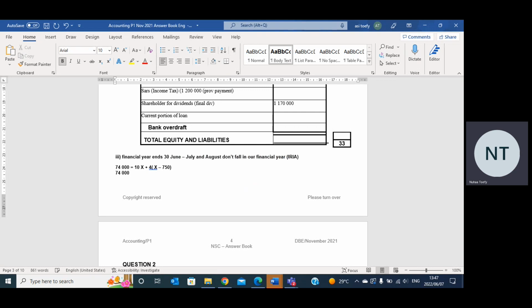You have 74,000 equal to 10X plus 4X minus 4 times 750, which is minus 3,000, right? So if I simplify that, I'm going to have 74,000 plus 3,000, which is 77,000. And I'm going to divide it by 14.